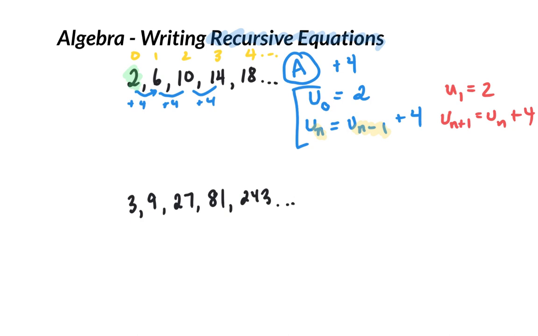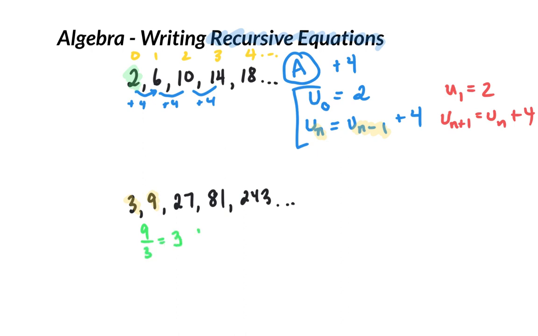Okay, let's do another one. So down here, I always start by just saying, well, the common addition is 6. You see that right away does not hold. So then to get that common ratio, that multiplier, I often will just do the second term divided by the first term to see what it is. And of course, 9 divided by 3 is 3.